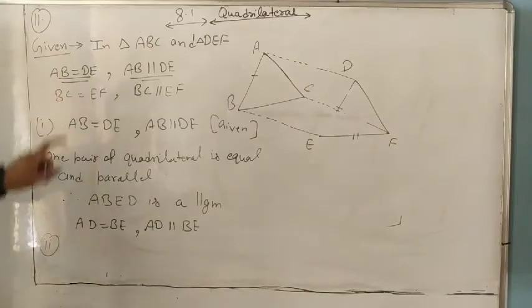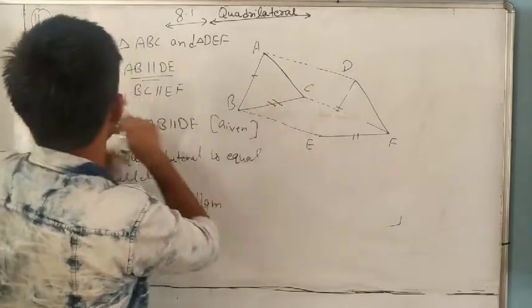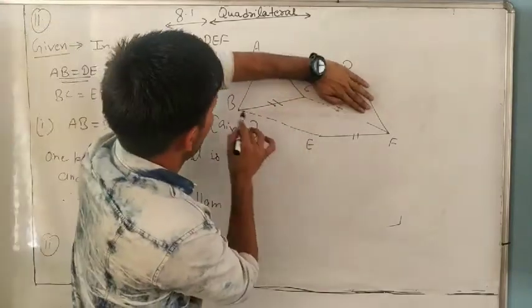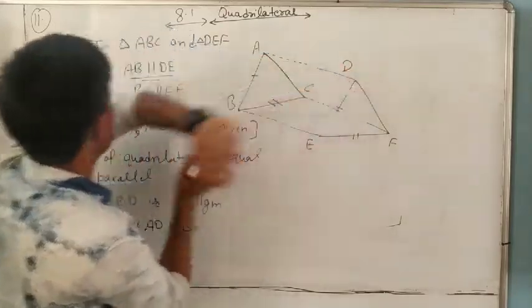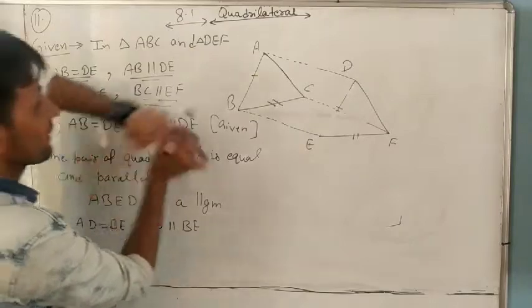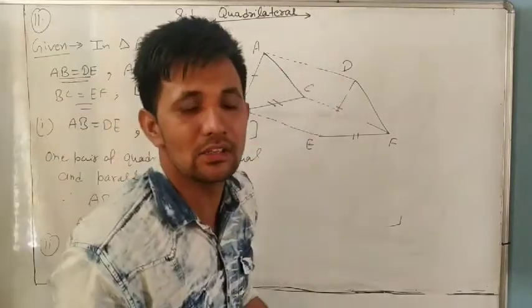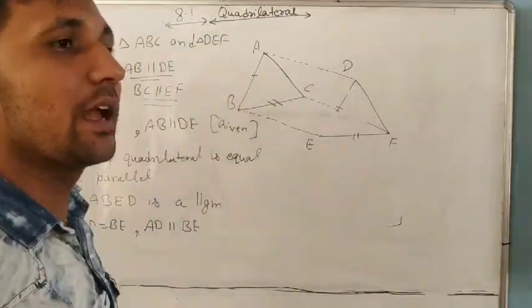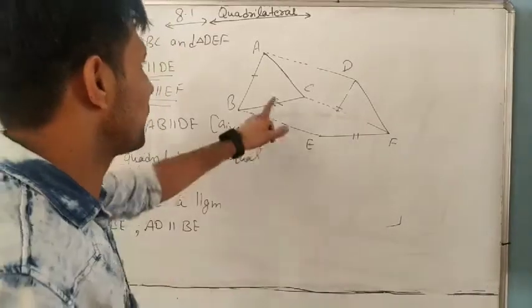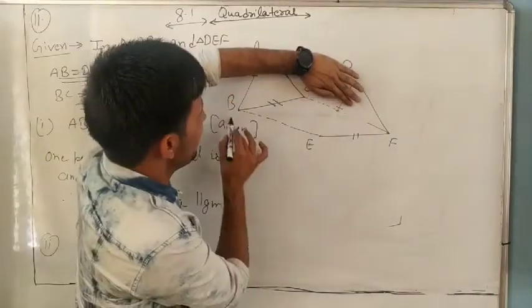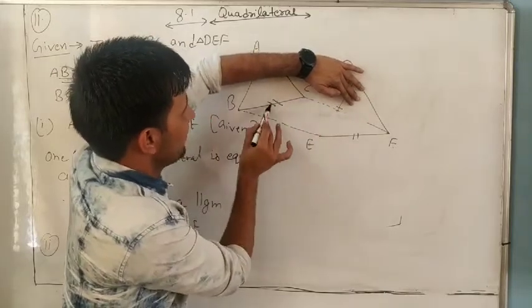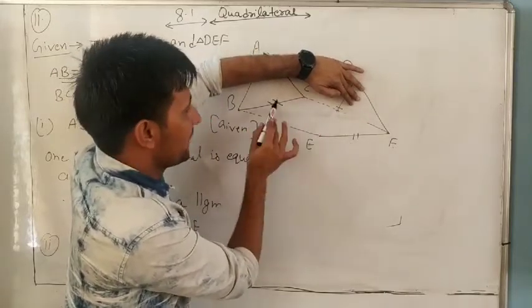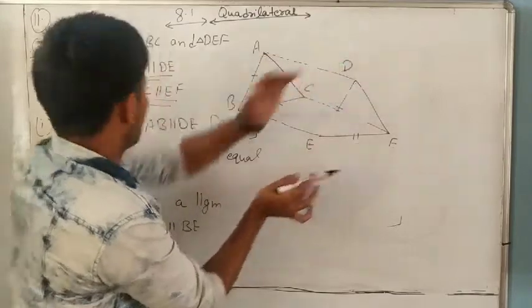BC equal to EF. These two are equal and these are parallel also. It means it is also a parallelogram, because one pair of opposite sides of BEFC, BC equal to EF and BC parallel to EF, is given.